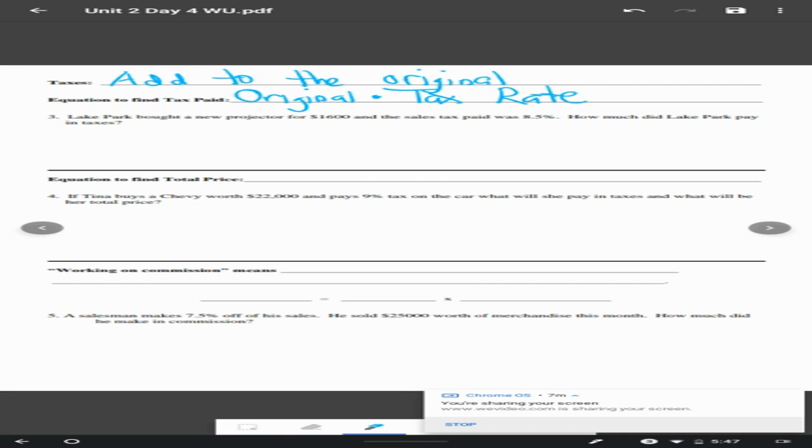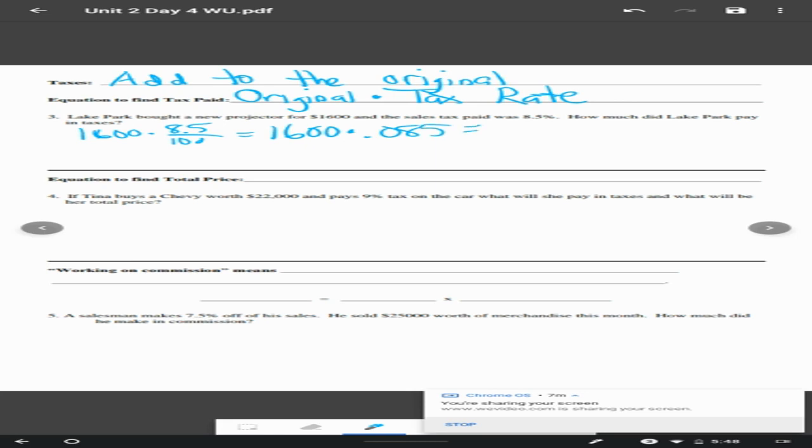Using the same exact equation, we do 1,600 times 8.5 divided by 100. If we take 8.5 divided by 100 in the calculator, we get 0.085, which makes sense because you're supposed to move the decimal 2 to the left.